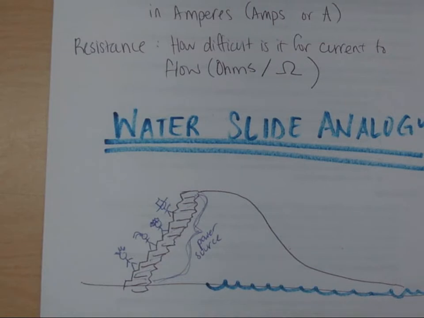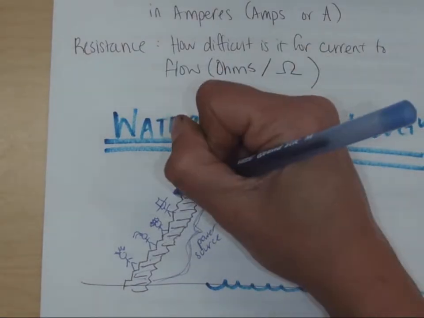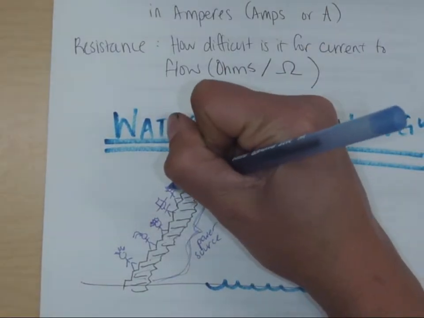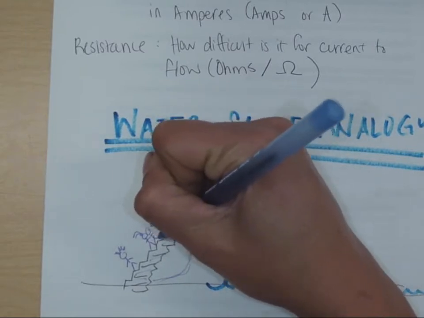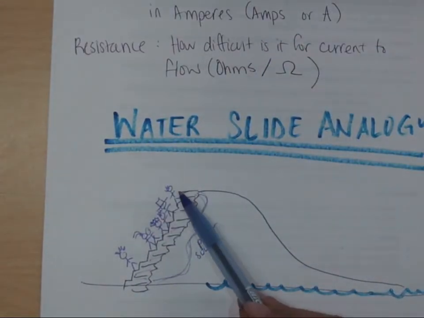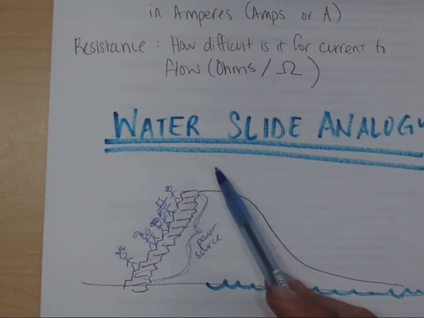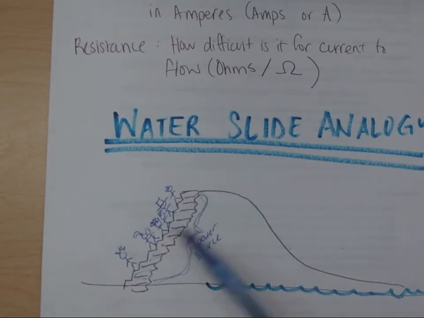Those are my charges flowing through my circuit. They're gaining potential, electric potential, and then they're flowing through. If I were to increase the amount of people going up my water slide, I would be increasing the current. So the more charge going through a circuit, the more current. The less charge, the less current.